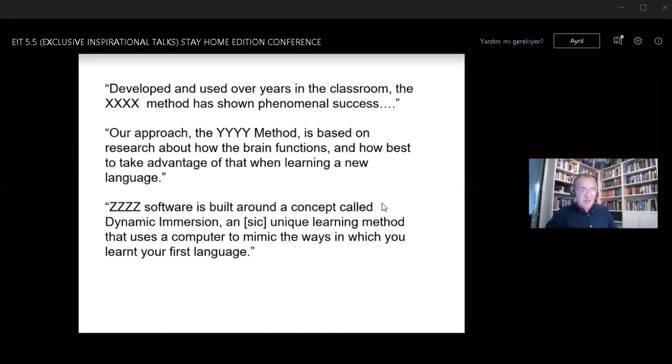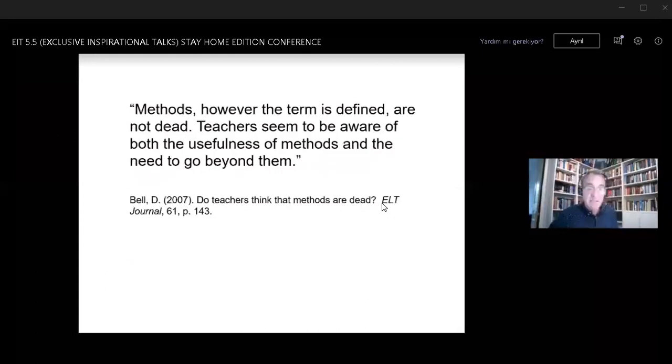So the word method comes up again and again. And in a survey that a researcher did in 2007 of actual practicing teachers, he asked them, do you think methods are dead? Do you embrace the concept of method? And he found, in fact, that for practicing teachers, the idea of method is not dead.